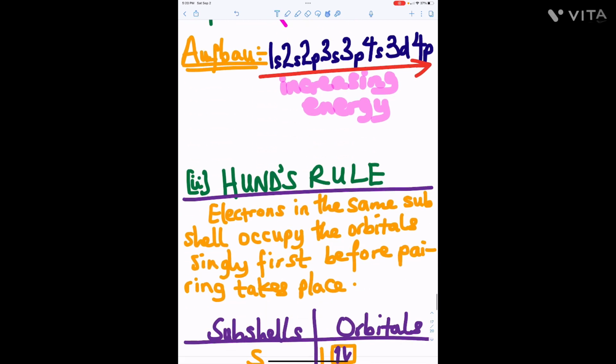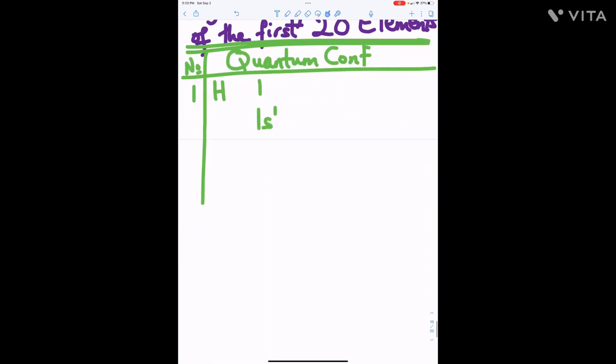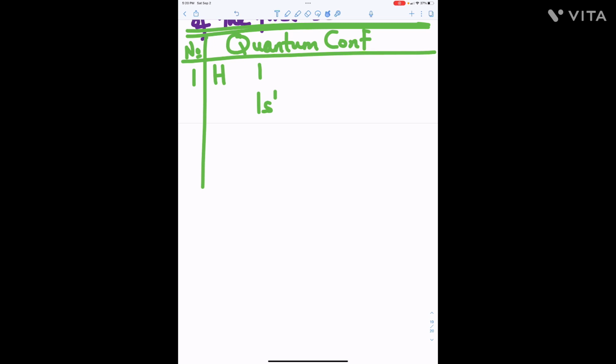So that means our 1s subshell will only have one box. Hydrogen has one electron and its shell configuration is 1.